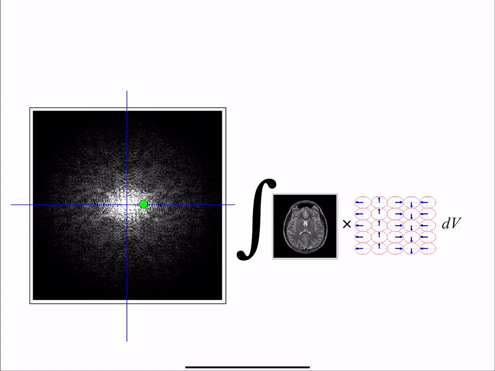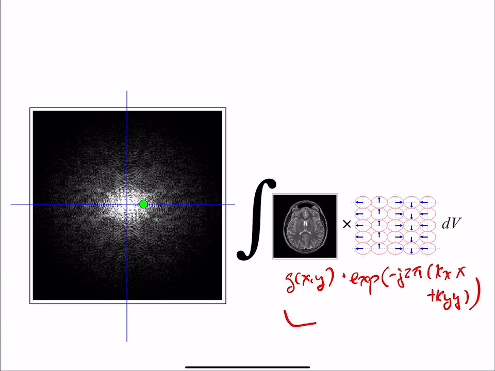Okay, so just to remind you what we're doing in Fourier space, the Fourier transform says take some object g of x, y, multiply it by some complex exponential, minus j 2 pi (kx x plus ky y). By applying the gradients, this is what the gradients do.